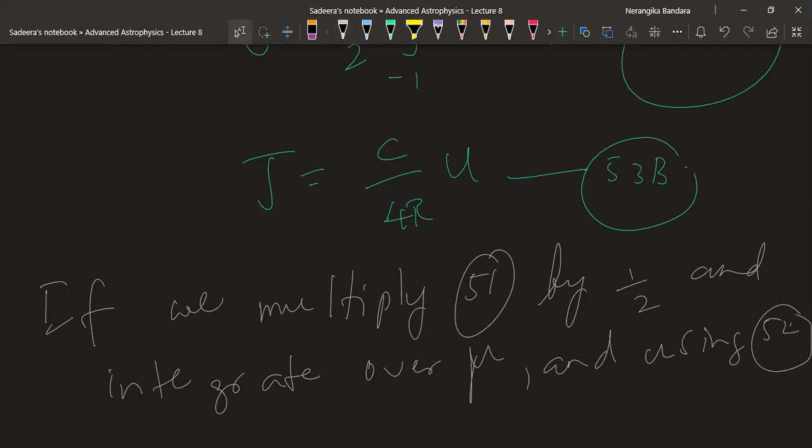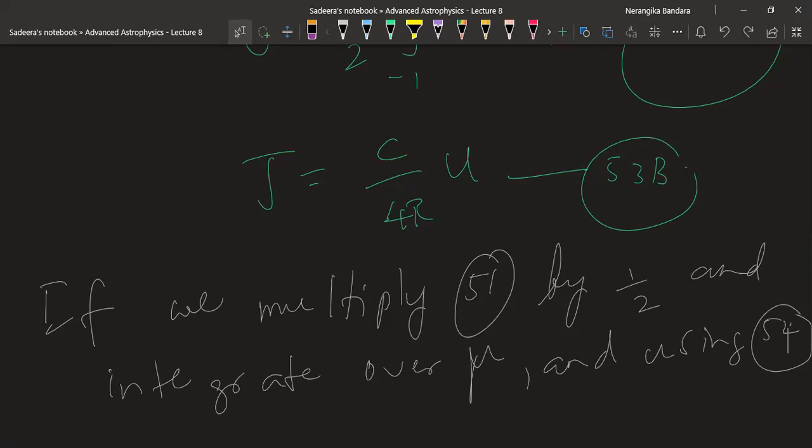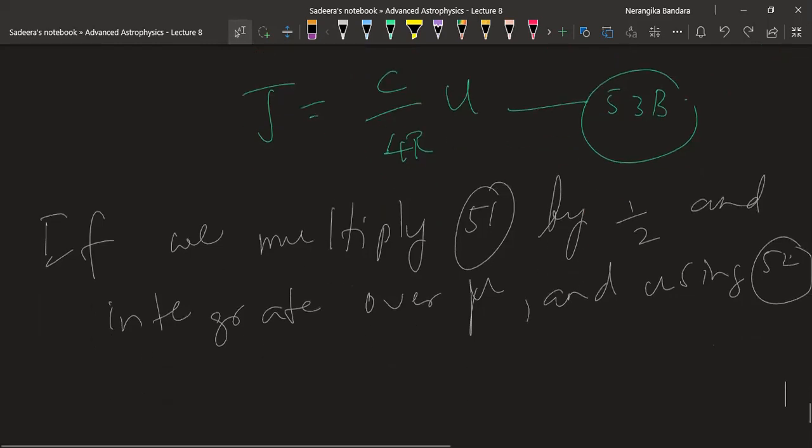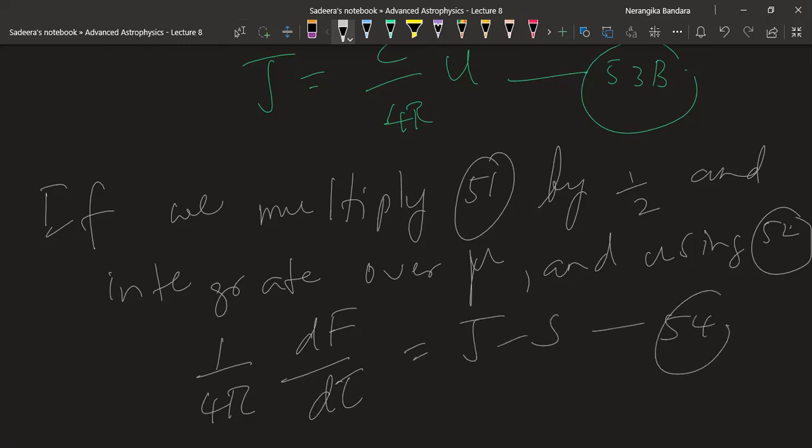I'm just going to write the solution. I've done this myself, so I'm not going to waste any time doing it here. But this is what you're going to get: dF by d tau equals J minus S. All right, so please check this for yourself.